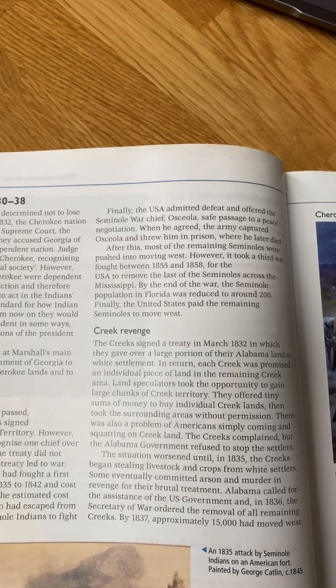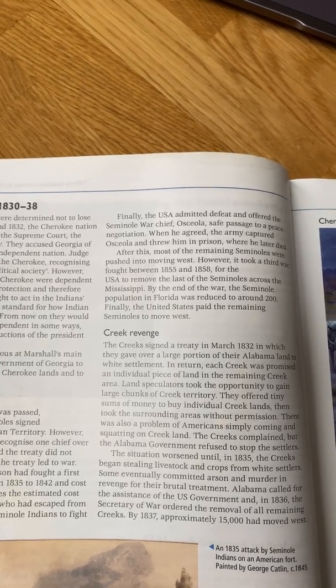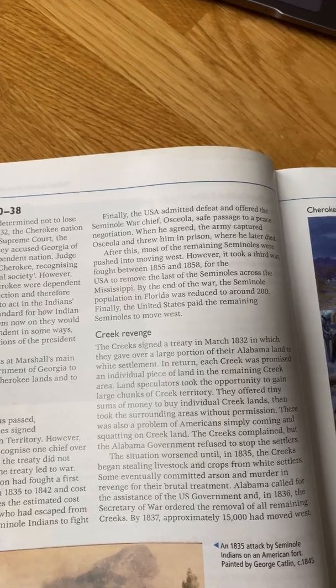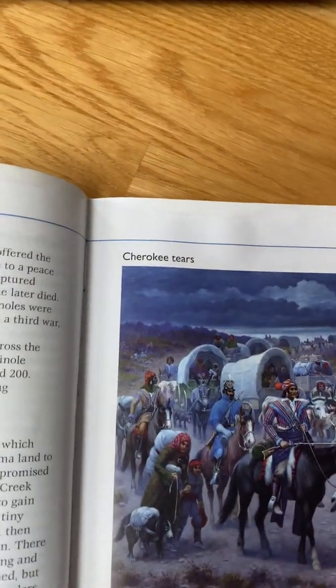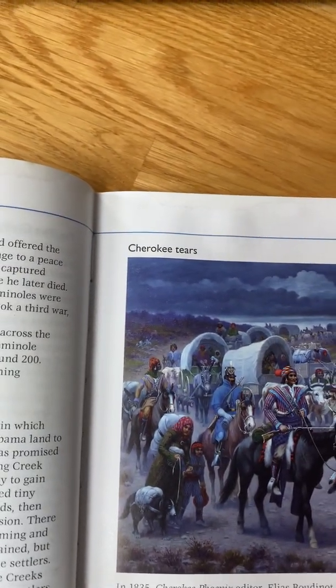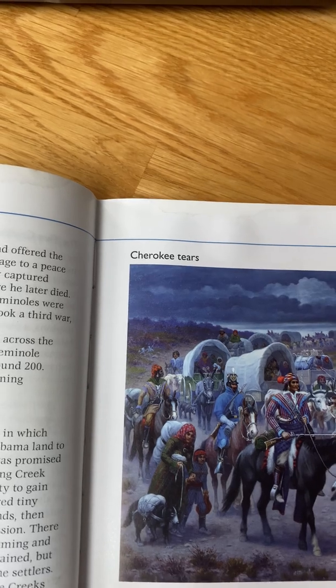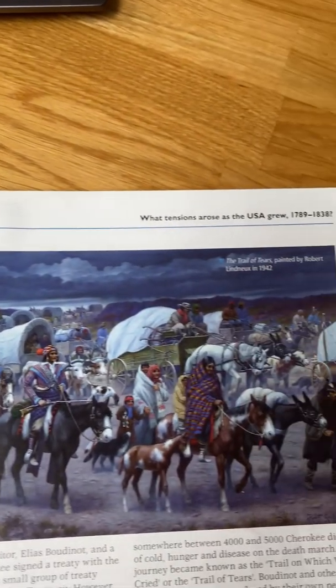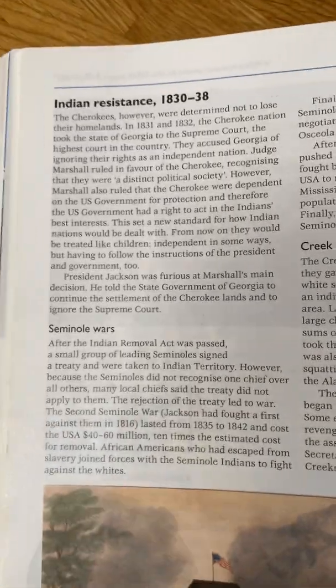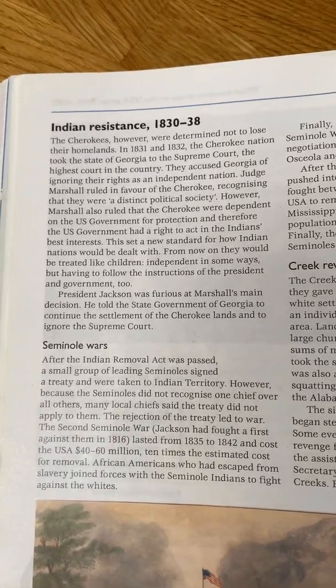They did not want to go. The Cherokee did not want to go, and it will end in tears for them. So there's a lot of reading to do for this one.